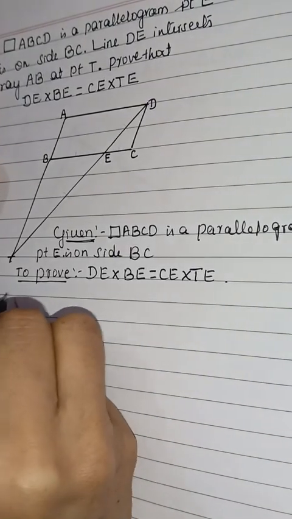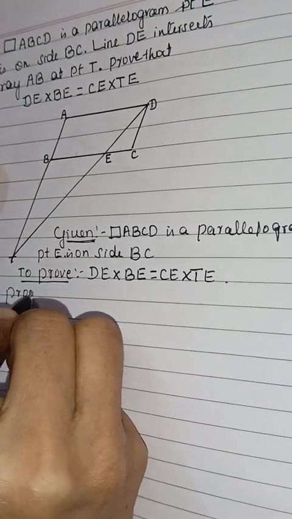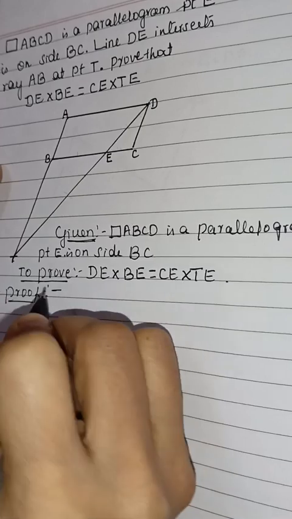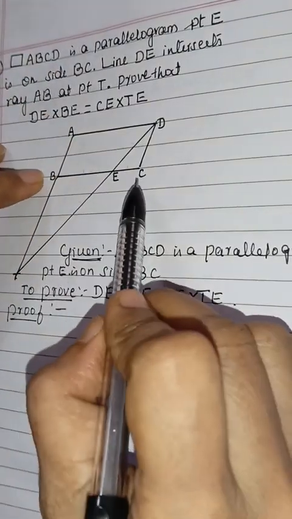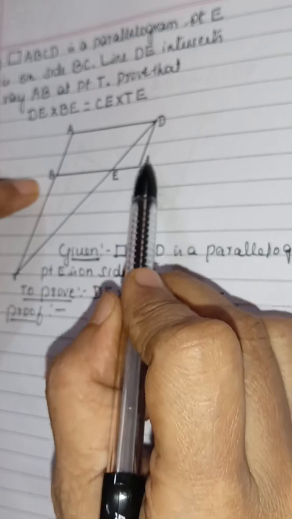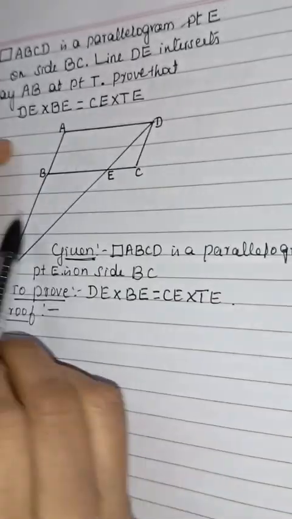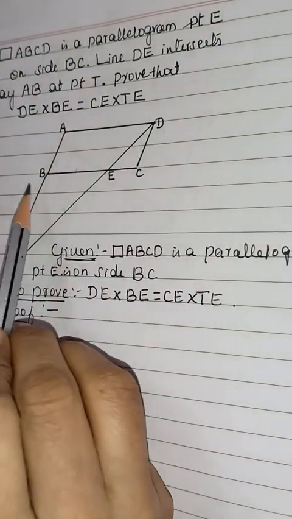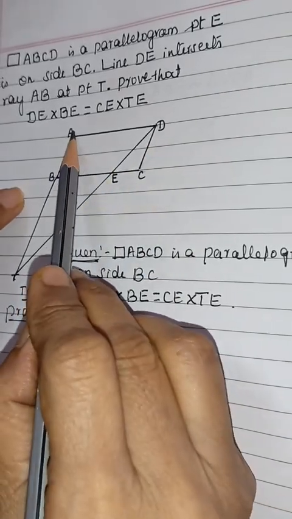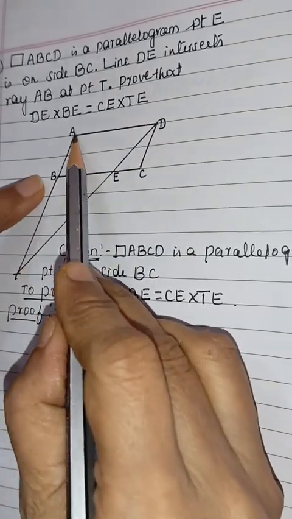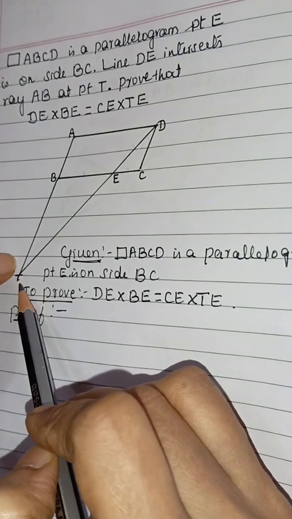Now proof. AB is parallel to side CD. This AB is extended till T, no?